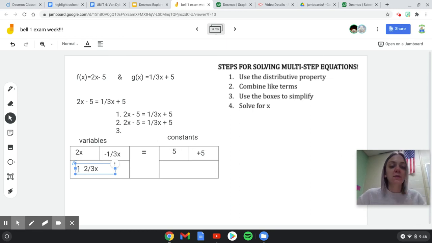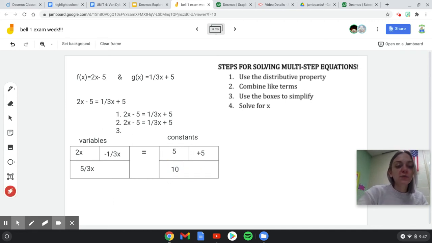Now, 1 can also be written as 3/3. To make my life a little bit easier, I'm going to think about 1 as being 3/3. And then if I add 2/3 and 3/3 together, ultimately, I'm going to get 5/3 x. Again, I'm just going to make my life a little bit easier by simplifying it like that. And then I'll simplify my constants, giving me a 10.